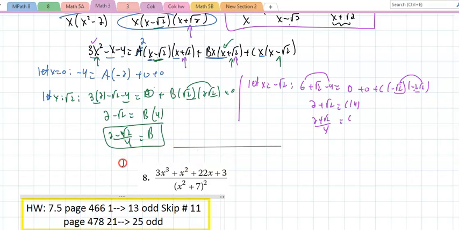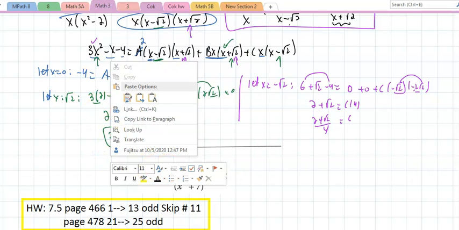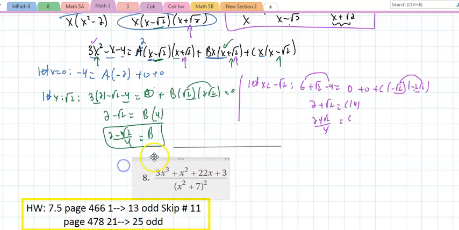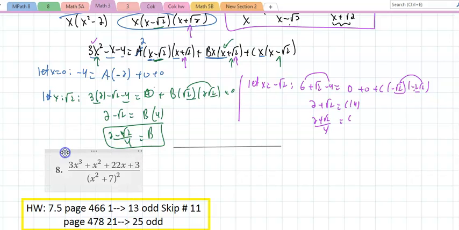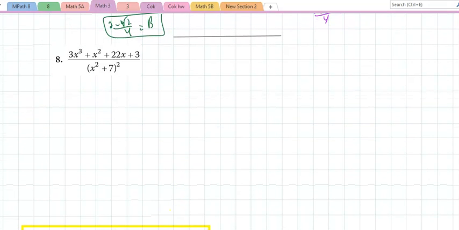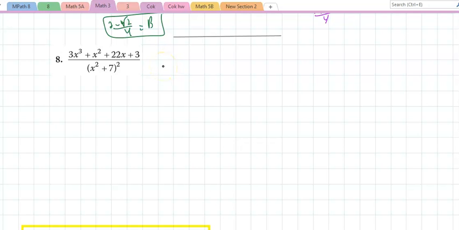And we have one more to go, and this is the toughest. And I'll show you how you'll know that this is the worst. This is the toughest because our shortcut doesn't work on this. And do you see why? The denominator is already factored. So I'll say it must be x squared plus 7 and x squared plus 7 squared.